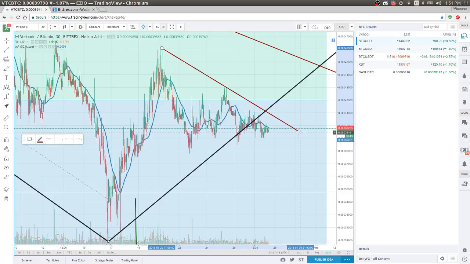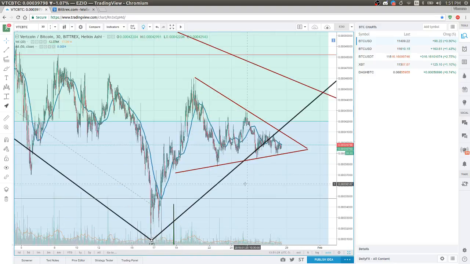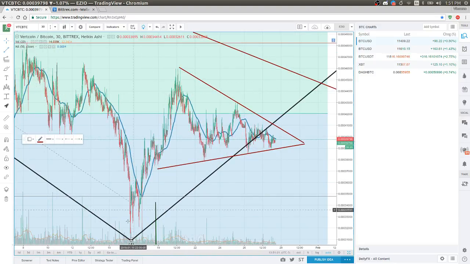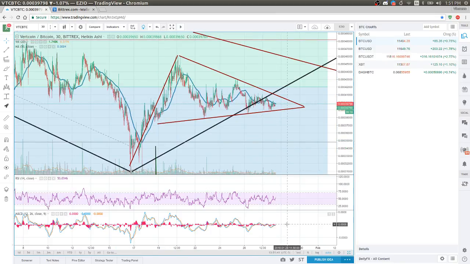So let me do this. And this is the pole right there. Okay, so we have time here to see where it's gonna go, and then you go see the indicators, what they say.